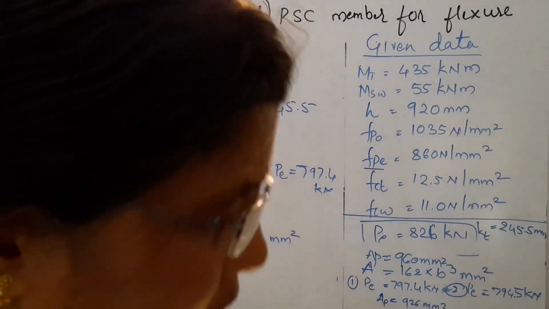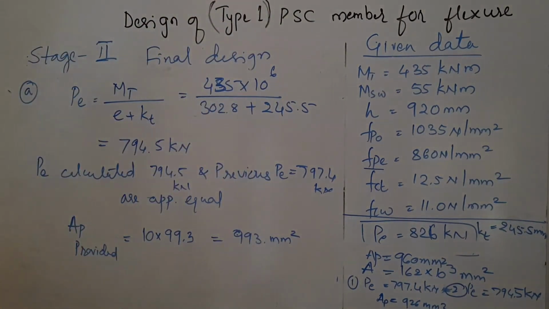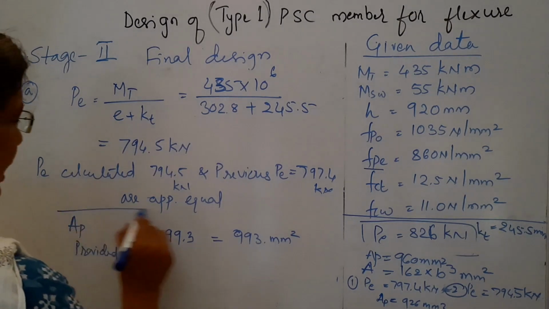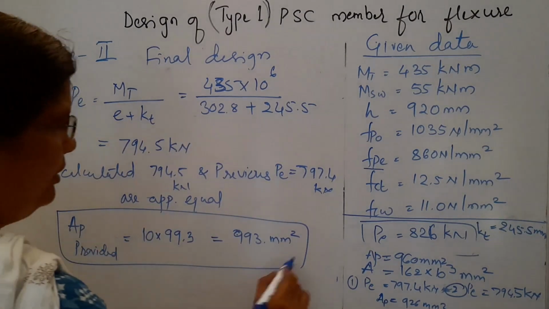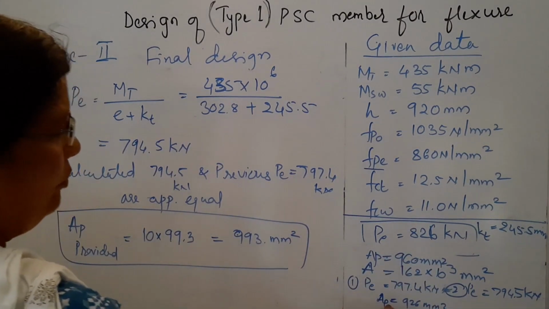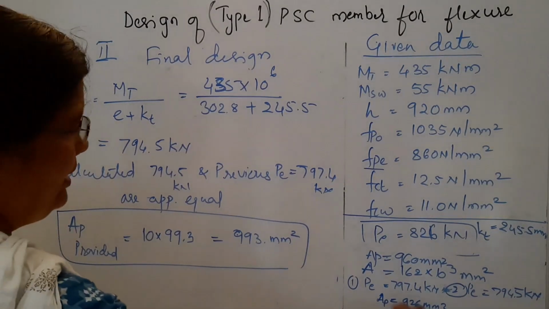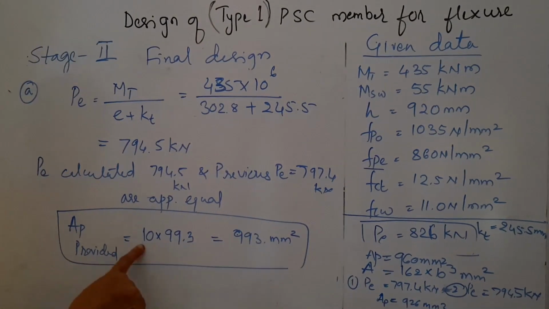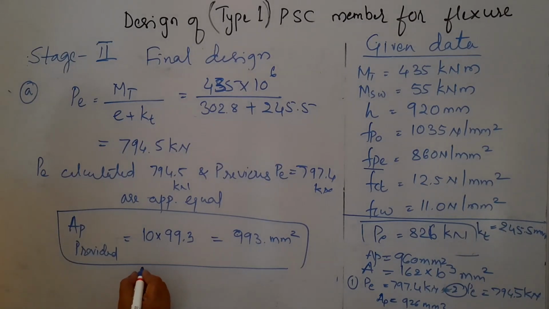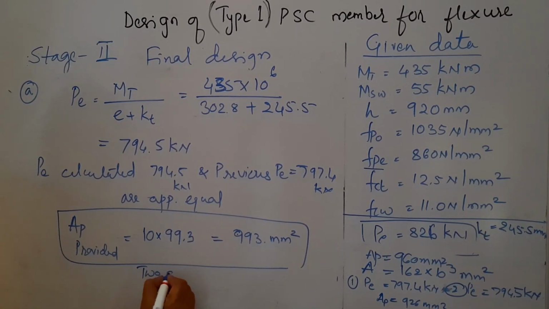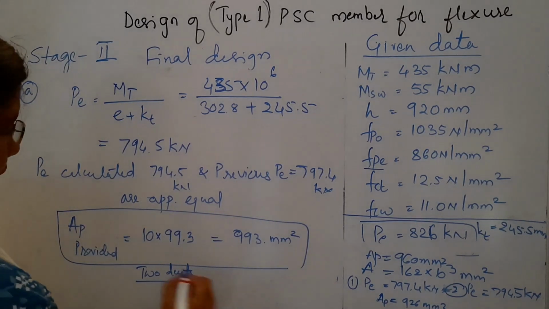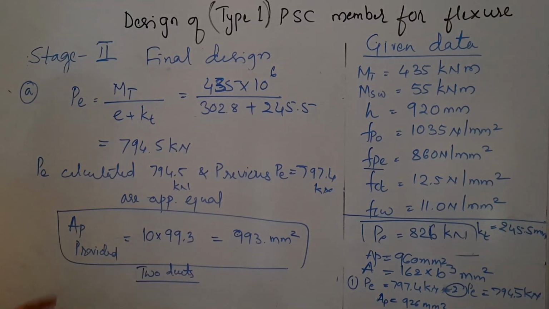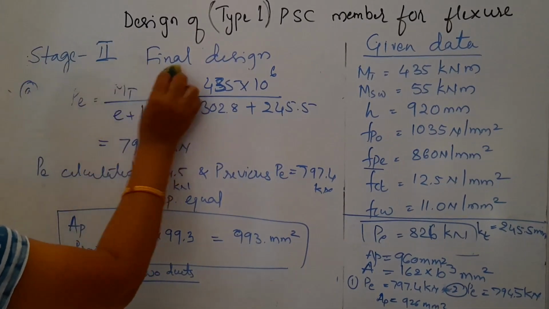And then we have to check for the area of the section. Similarly, this much area of steel is provided. The first was 960 and when re-estimated 926, and the provided will be 10 numbers. You can provide 2 ducts. The size of these ducts will be decided by the manufacturers. The 10 numbers in the 2 ducts, each 5, will be provided in the members.